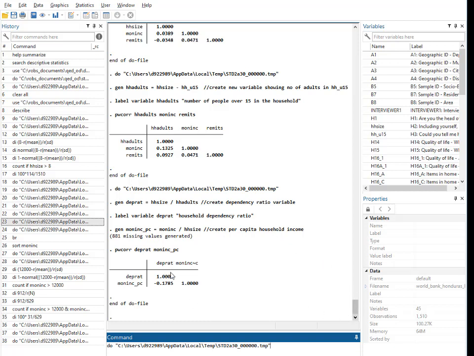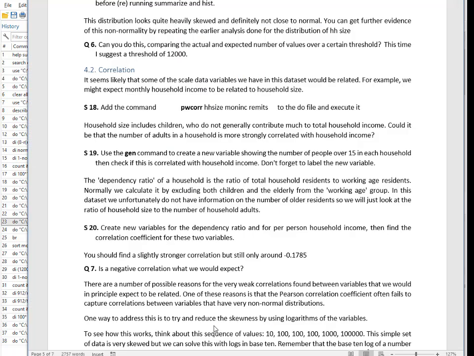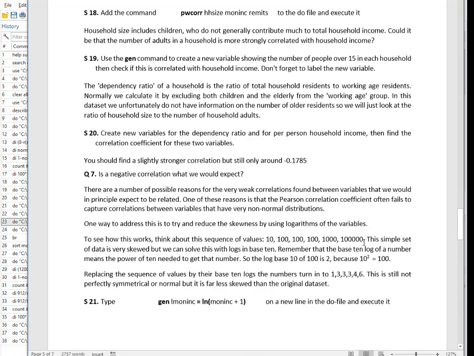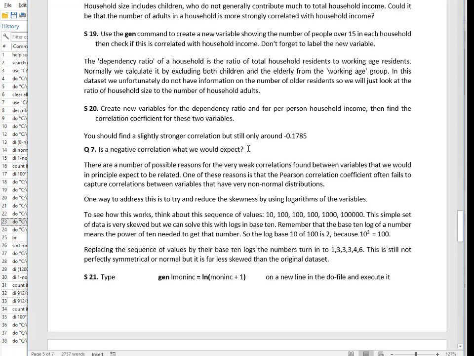So the correlation between dependency ratio and per capita income is negative 0.1785. So slightly stronger. Is a negative correlation what you'd expect? So pause it and think about that for a second.